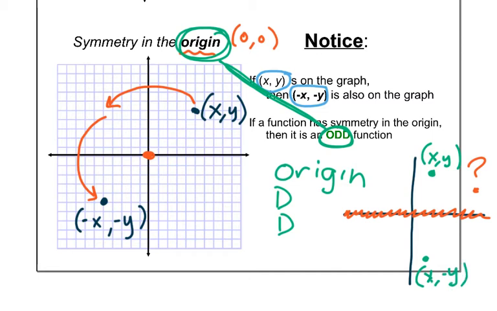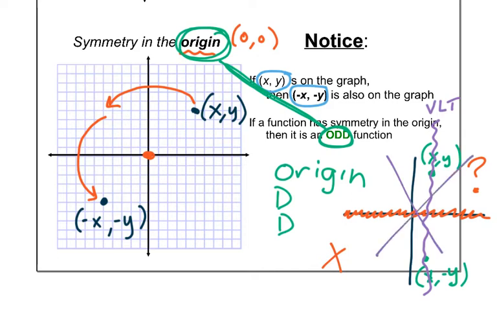Do you know why we don't talk about this symmetry? Why do we skip this one? We do y-axis, we do origin, but we don't do x-axis symmetry. If you remember from the last section, can I draw this really famous line for you? There it is. Because of the vertical line test, if you have a function or a graph that is symmetric over the x-axis, it is not a function.